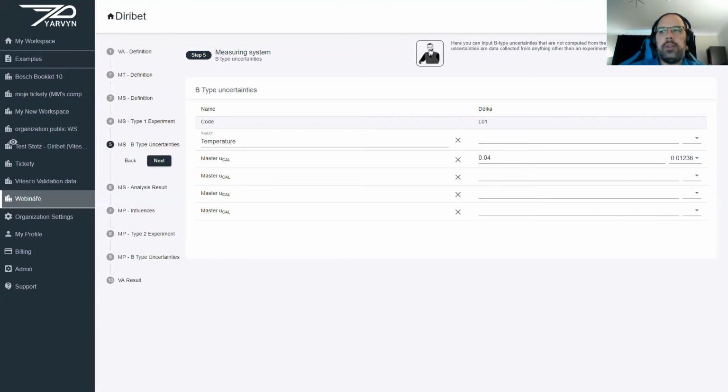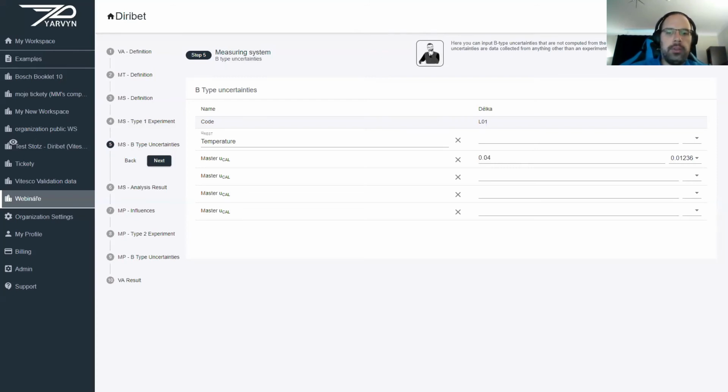So this is how the situation of B types looks depending on the setup of the experiment, whether you are doing an experiment or not, and how many masters you have. And how to fill in the uncertainties.